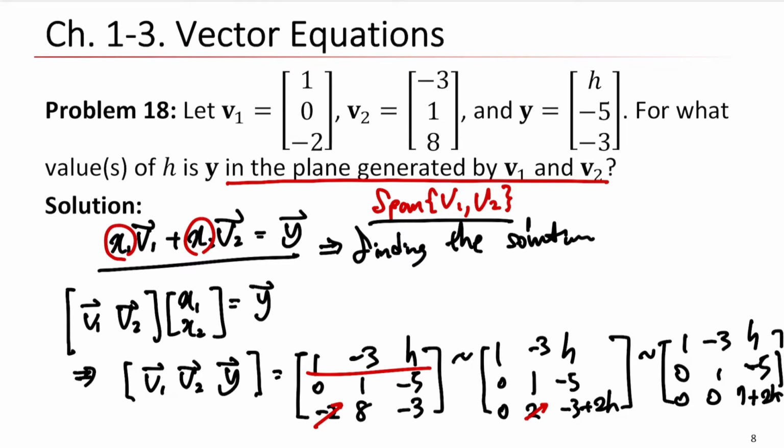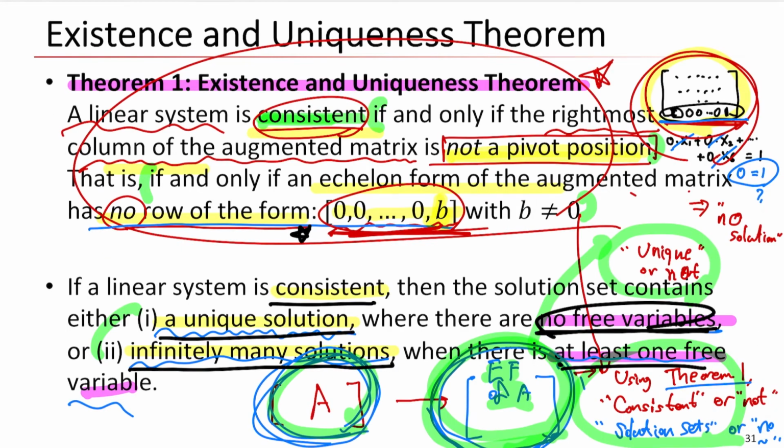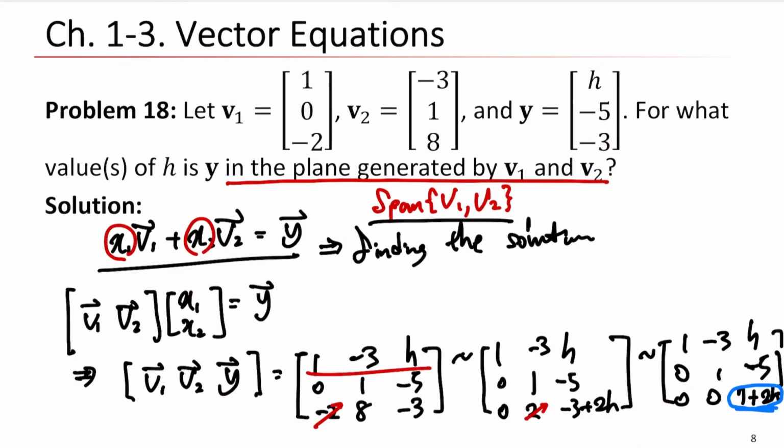Okay. So to determine whether the solution exists or not, we have to think about this term, right? If you remember this one, this p, if p is not equal to 0, there's no solution, right? But if p is equal to 0, there's a solution, right? So it means that if this is 0, say that h is negative 7/2.